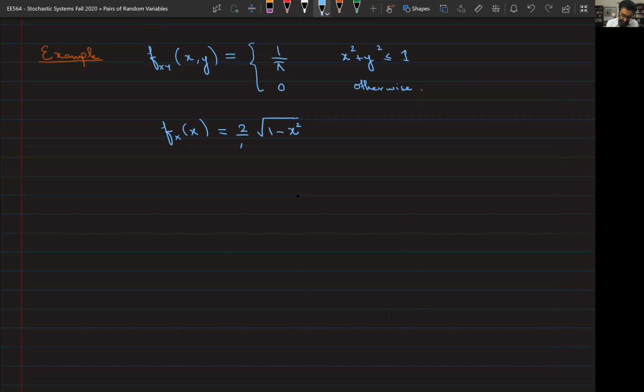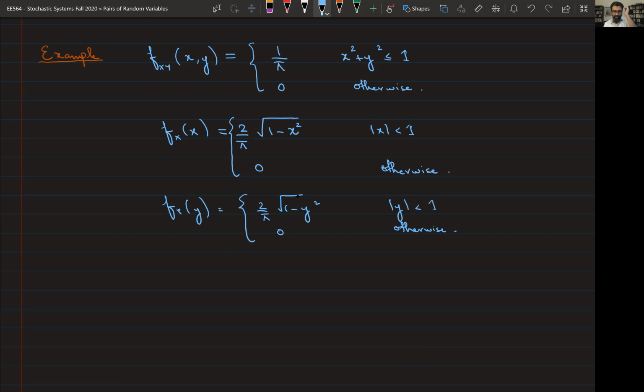So this is the result we had, right? And this was for the absolute value of x less than 1, and 0 otherwise, right? And similarly, f_Y(y) turned out to be exactly the same, which is 2 by pi, the same form, root 1 minus y squared for all values of y between -1 and +1 and 0 otherwise.